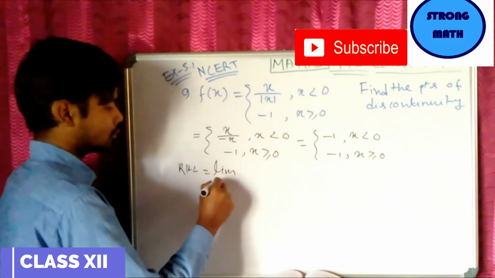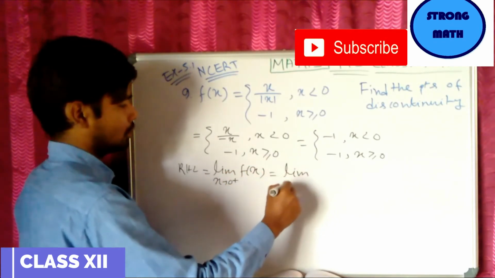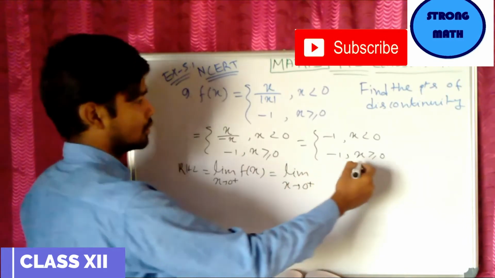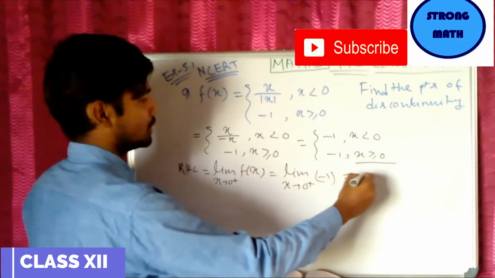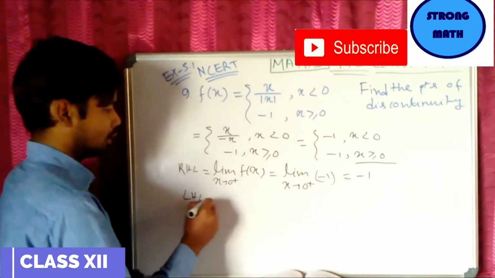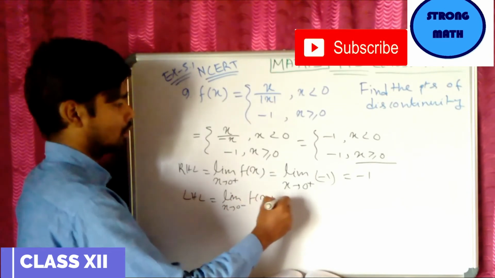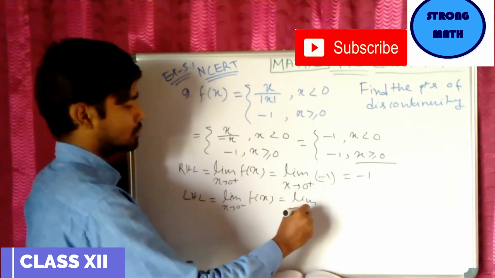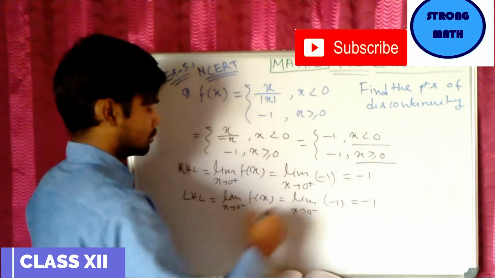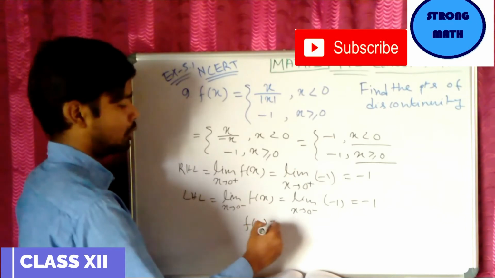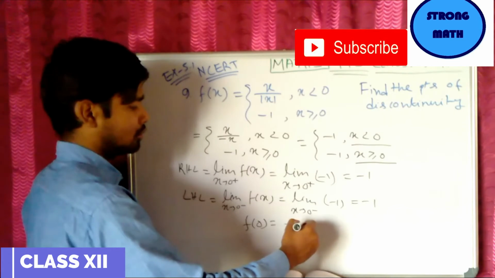Limit x tends to 0 plus f(x): on this side the value of the function is minus 1, so this is minus 1. Left hand limit equals limit x tends to 0 minus f(x), the value is minus 1, and the functional value at the point 0 is also minus 1.